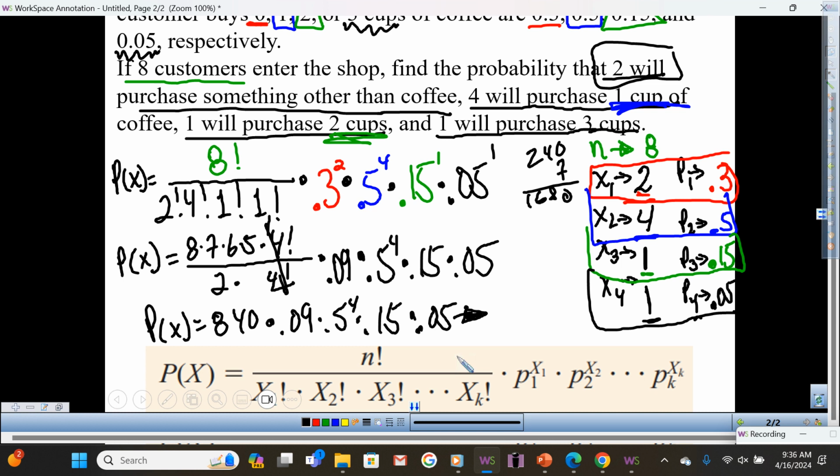What did you get, Briseida? 0.035. I'm going to leave it at that. And in percent, that is 3.5%.